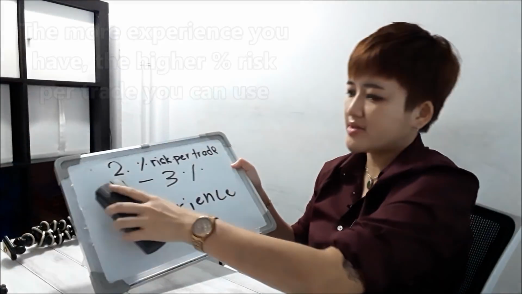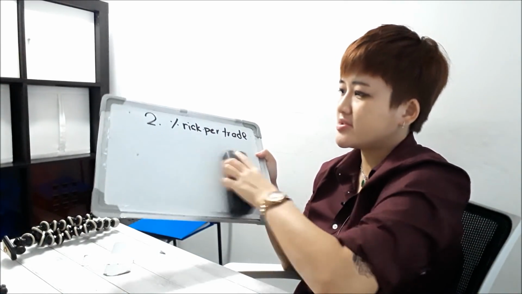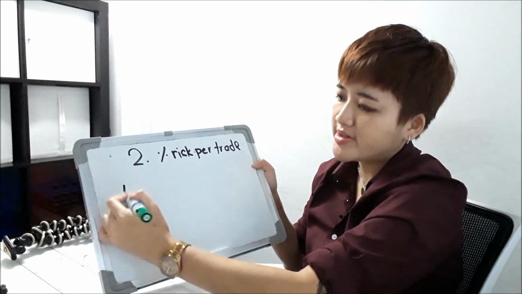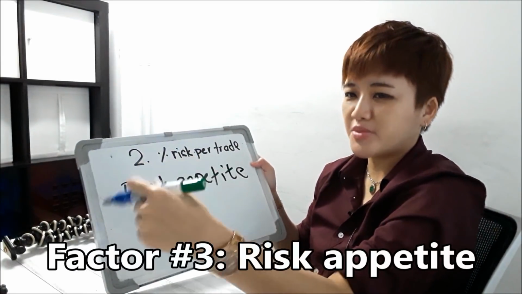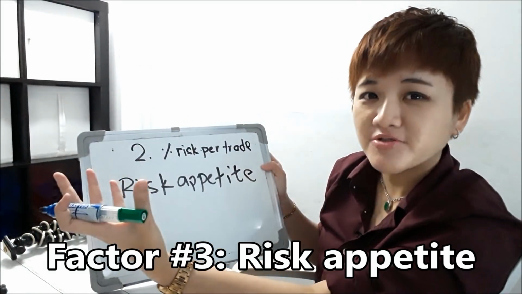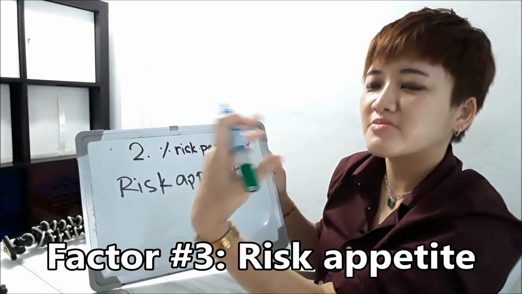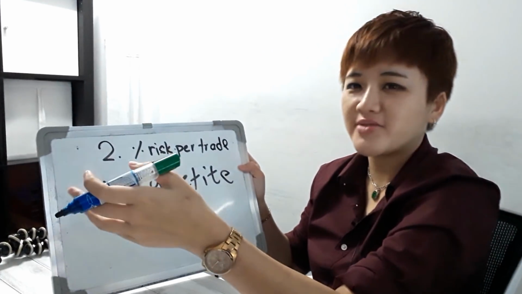So the tricky part about percentage risk per trade is it not only depends on experience, but it also depends on another thing, which is your risk appetite. Like, are you more of a Lamborghini driver or are you more of a Toyota driver because you just don't really like driving fast? You like to take it slowly, even though you're late for work.